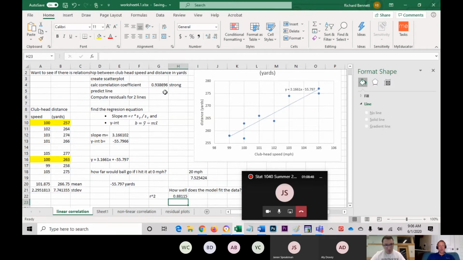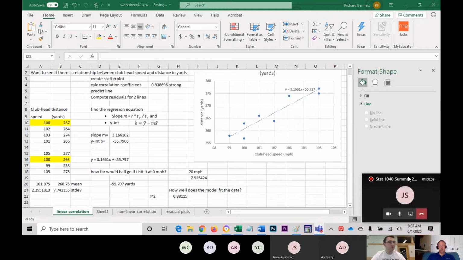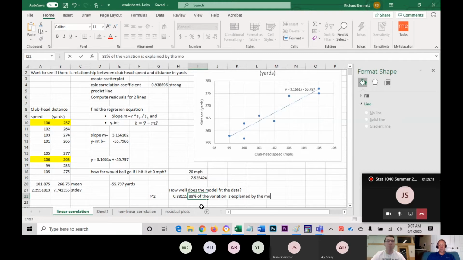The idea here is you're going to get a decimal between 0 and 1, okay? So what this tells you in this case is that 88% of the variation is explained by the model, and then you can write the equation y equals 3.11661x minus 55.797, okay?